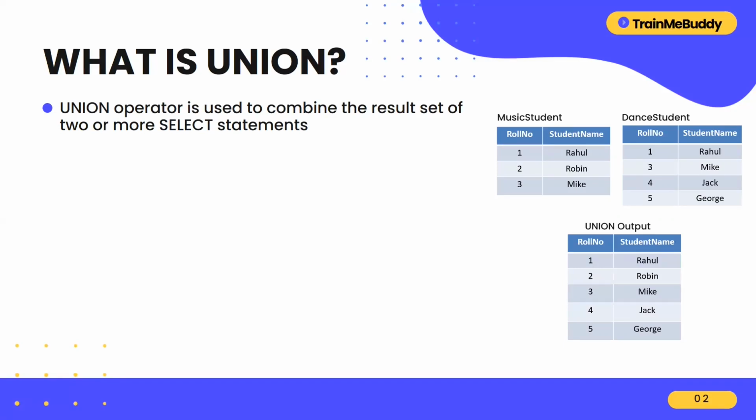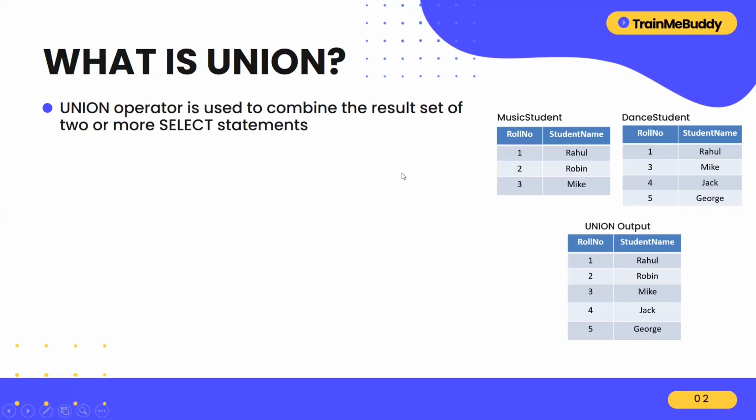Here, as you see, the students with roll numbers 1, 2, 3 are enrolled for the music classes, and the students with roll numbers 1, 3, 4, 5 are enrolled for the dance classes. Then the union output gives us the result without the duplicate records for students Rahul and Mike, having roll numbers 1 and 3 respectively.